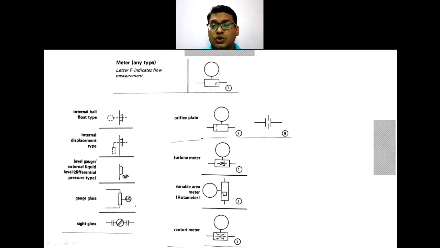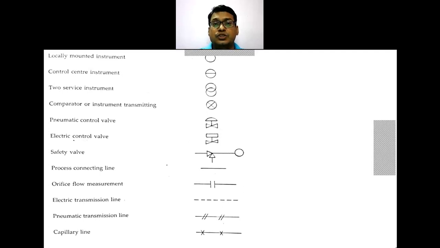All these are related to the actual arrangement in the field, and that is correlated in the symbol also. I have taken only a few of these related to the instrumentation. Then our chemical equipment is also there. Then the locally mounted instrument, a circle that is provided.